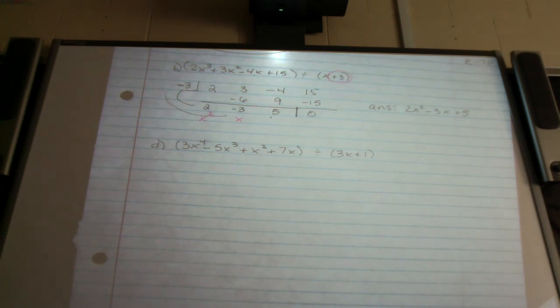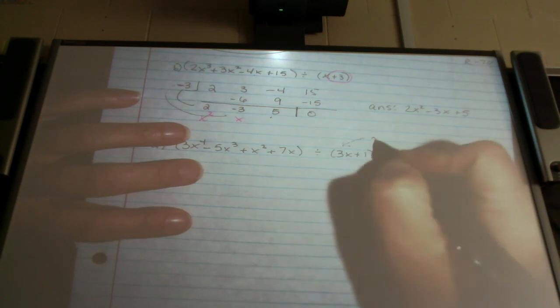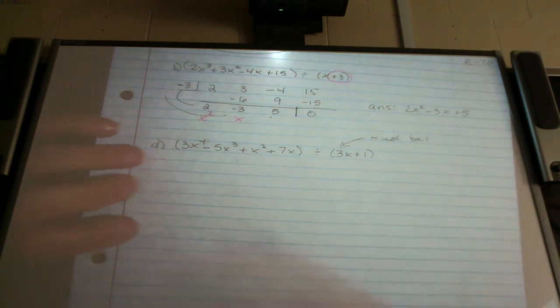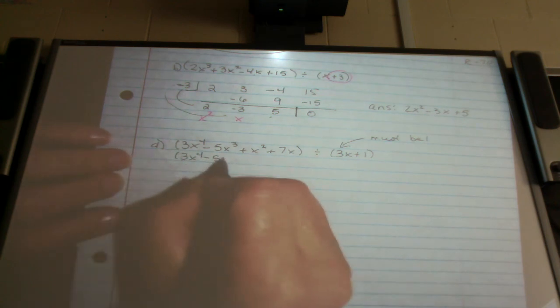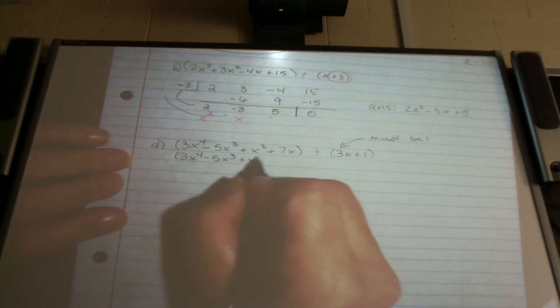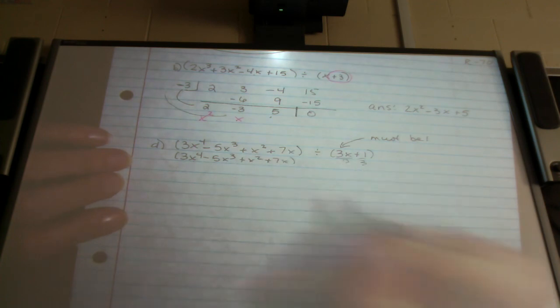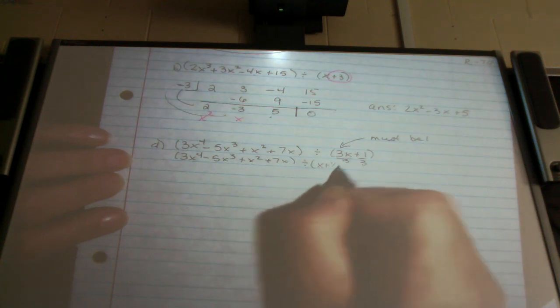Remember, when we do synthetic division, this must be 1. So what I need to do before I can do this synthetic division is I need to make it a 1 by dividing by 3. And so this is going to be divisible by x plus 1/3.